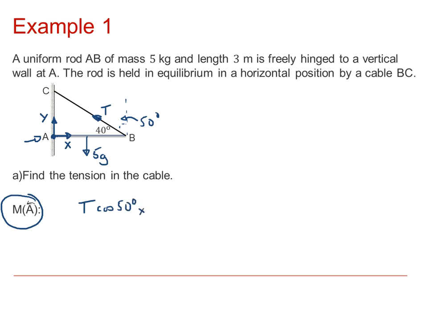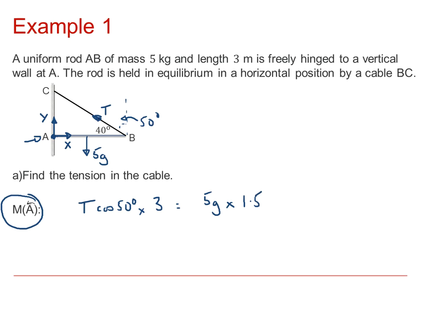We're told in the question that the rod has got a length 3, so T cos 50 multiplied by 3 must be equal to the moment in the other direction, the clockwise moment, which is 5g, and its distance is 1.5.